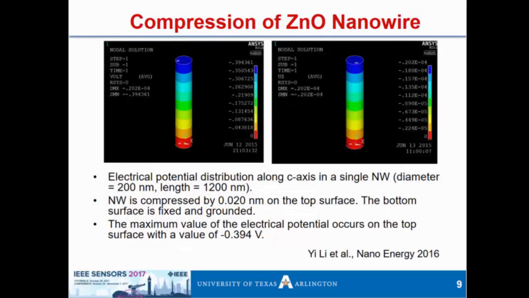If I do compression and I use the same force, with a little bit different length and diameter, such that the top surface is compressed by 0.02 nanometers, what I'm getting is much less because the bottom is grounded, and so I'm getting a voltage difference of negative 0.39 volts.